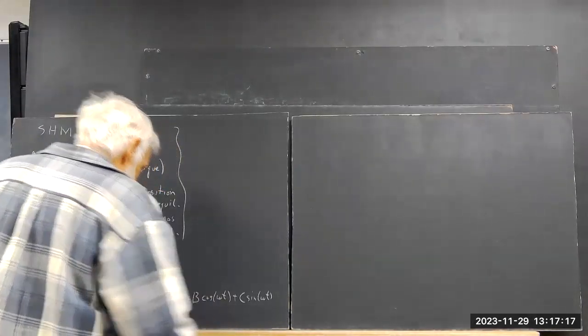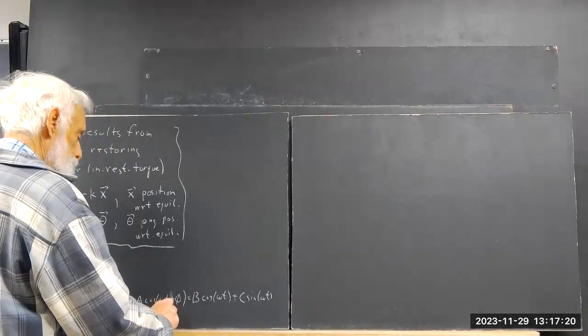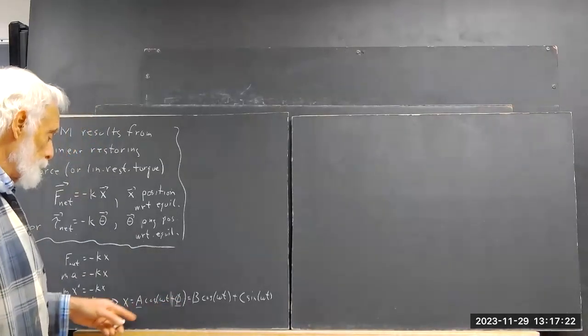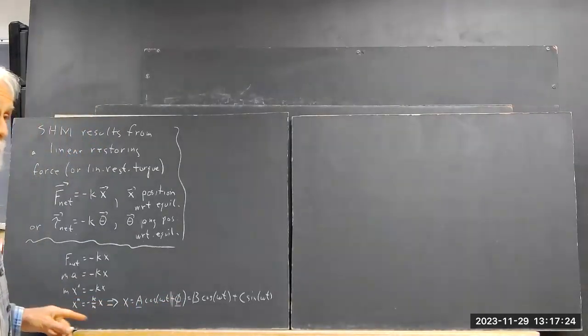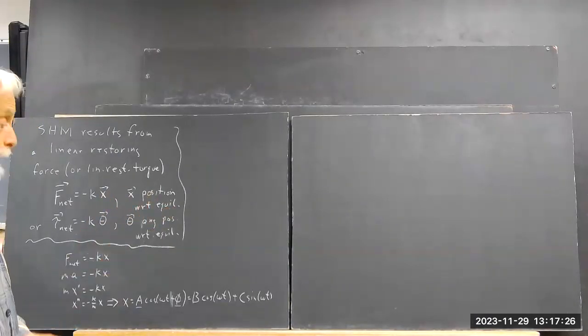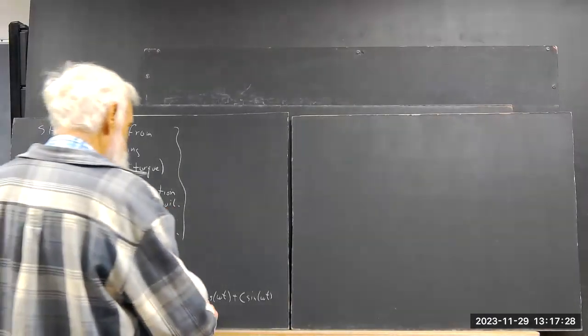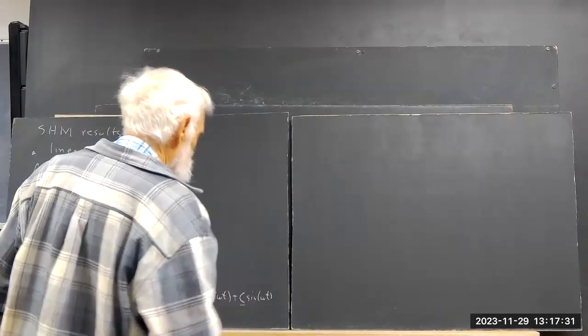I'm just going to indicate that this and this are arbitrary constants. You have a second order equation, you get two arbitrary constants. It's obvious that B and C would be arbitrary constants.